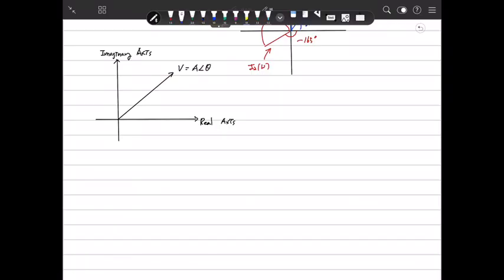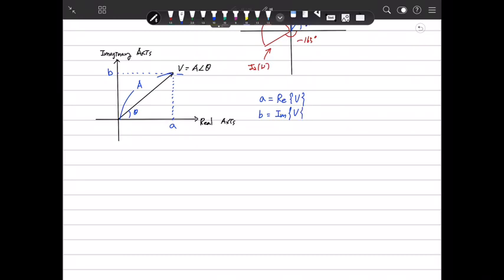That means the magnitude here is A, and this phase angle is theta. Also, this can be expressed in another form. The real component of this vector V is A, and the imaginary value is B. That means A is the real component of complex number V, and B is the imaginary component of complex number V.